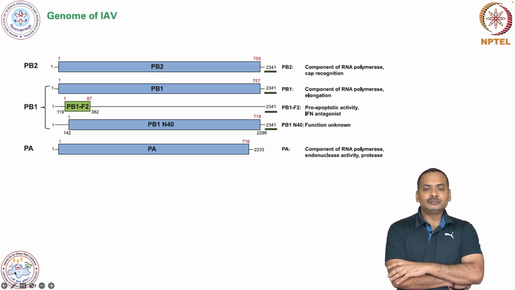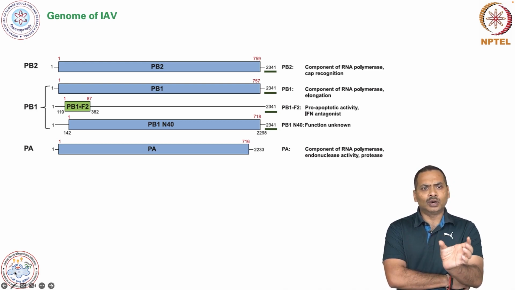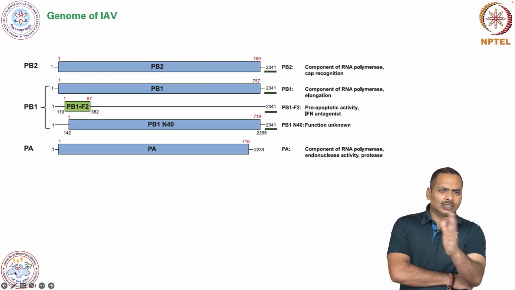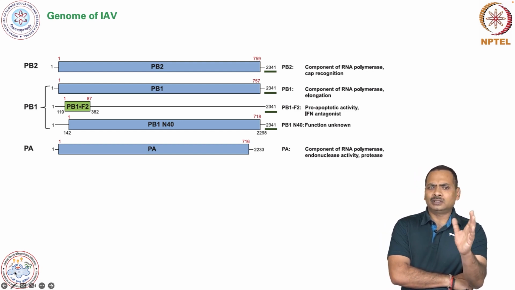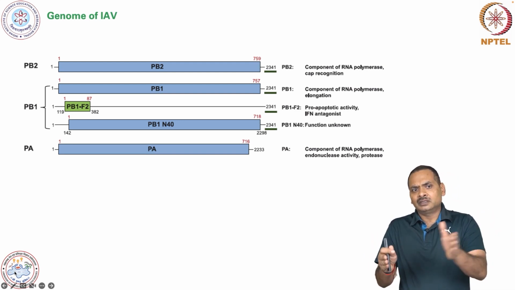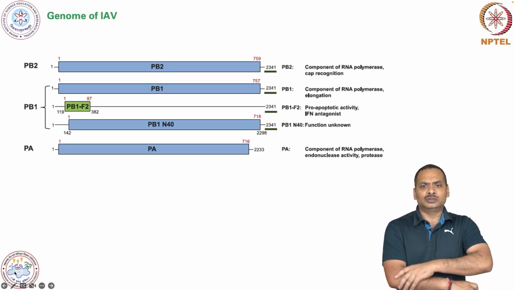There is PB1-F2, a small fragment. It is not alternative splicing, but this full length RNA can make different proteins. Here you can see there are 3 proteins.